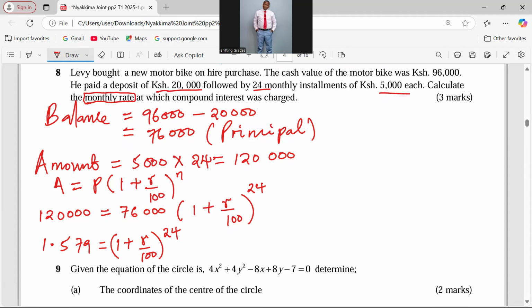So 24 shift power is what you'll type in your calculator. After obtaining the 24th root, I'm getting 1.0192. This is equivalent to 1 plus r over 100.